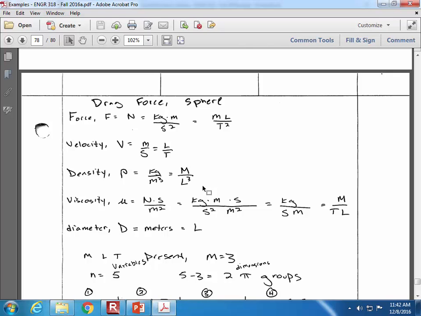And so that is kilogram meter per second squared for the newtons. And then there's the other second and the meter squared that was there before. So that cancels out to kilograms per second meters. So that is just mass divided by time times length. And finally, diameter is just meters.